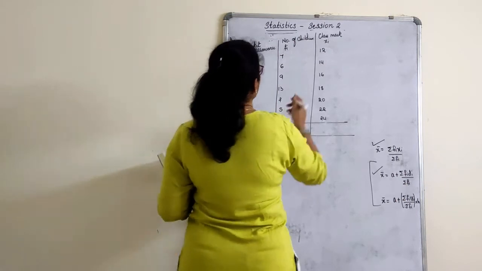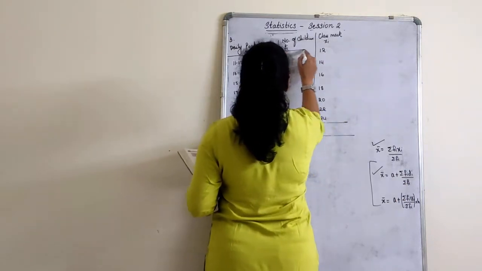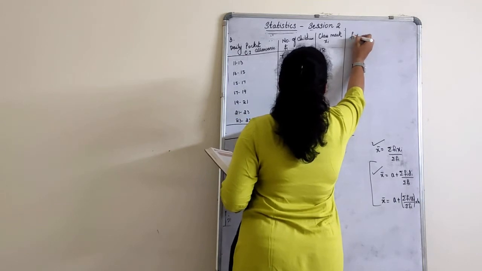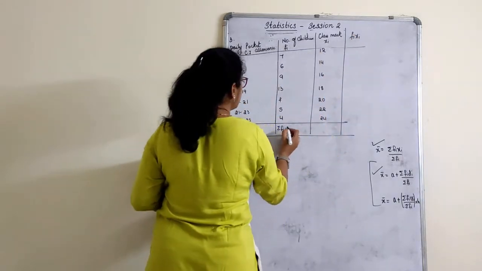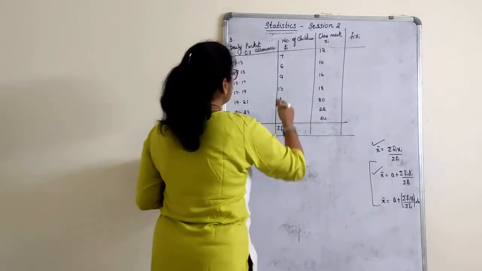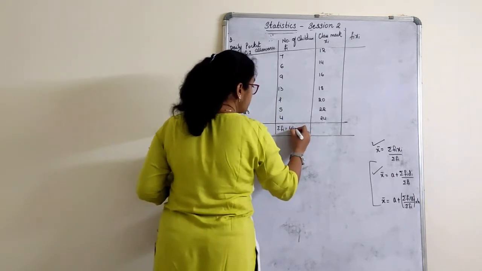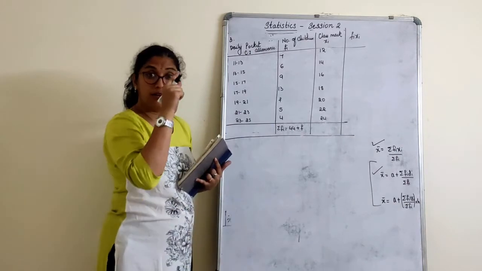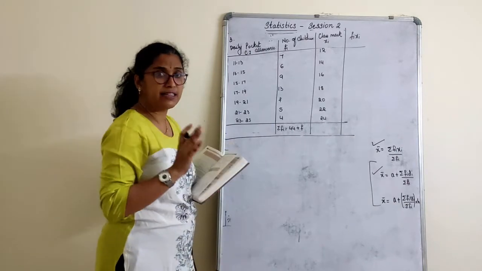Okay. So the next column will be Fi xi. First, when you add the frequencies totally, you get 44 plus f. Don't forget this f here. Numbers you add plus f. Write it like this.